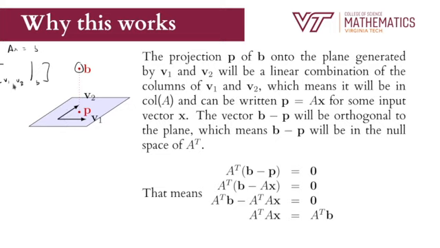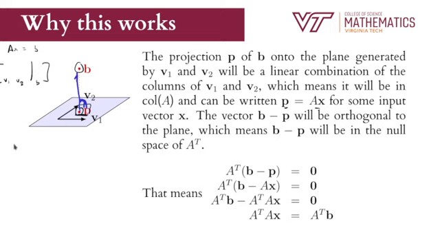That is, V1 and V2 over here generate a plane, and B is not on that plane, for example. But I can project B onto the plane, and this vector here is in the plane. And therefore, the projection does equal AX for some input vector X. But that means that the vector from B to P is orthogonal to the plane.